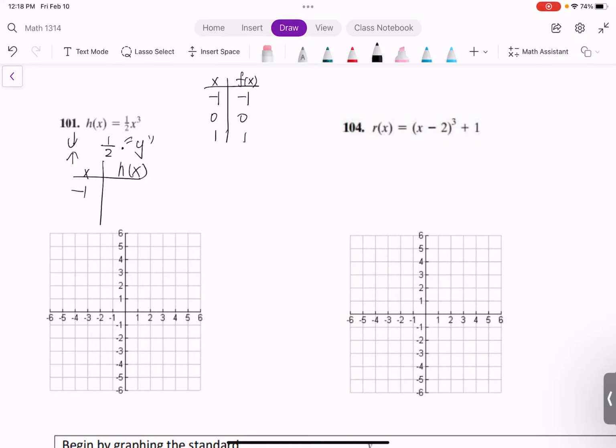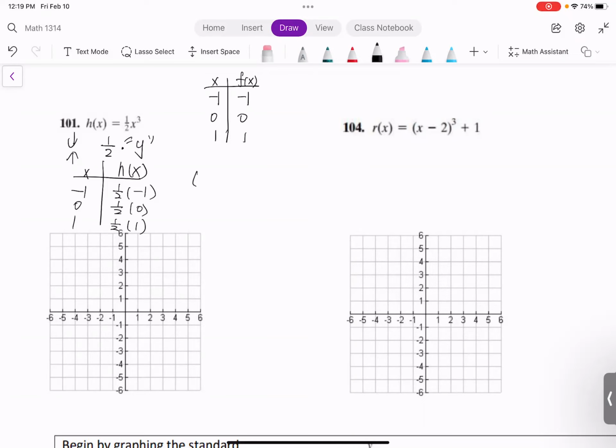X doesn't change: -1, 0, 1. Only the y values change. 1/2 times -1, 0 times 1/2. Because of the commutative rule, it doesn't matter whether 1/2 is in front or in the back. So 1/2 times 0, 1/2 times 1.